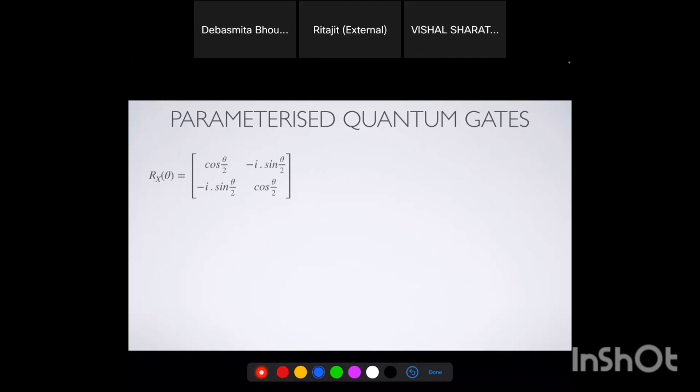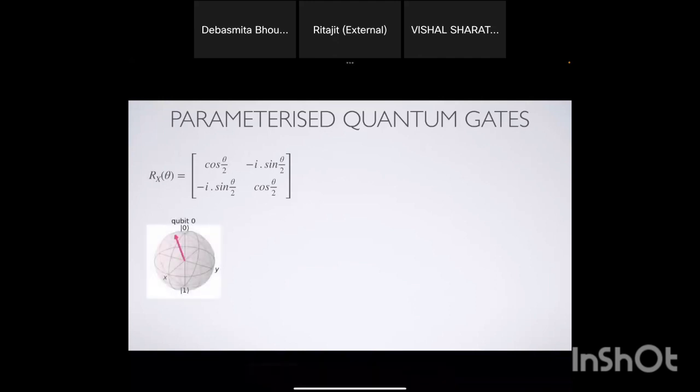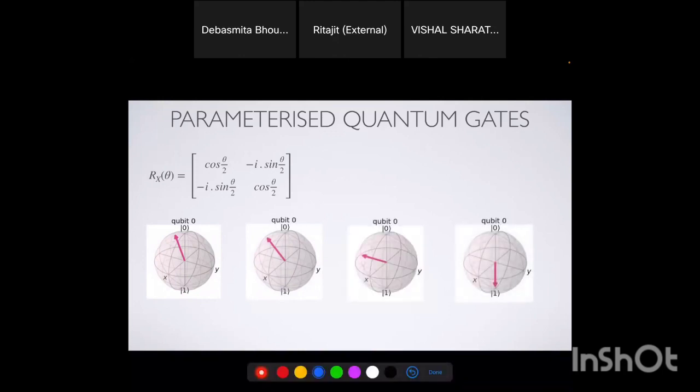So if you start on the qubit 0 and start increasing the value of theta, this is how it will change. It will start rotating from 0 to 1. If you still increase the value of theta, it will go from this 1 along this direction back to 0. So this is rotation along the x-axis. This was the x-axis, as you see.